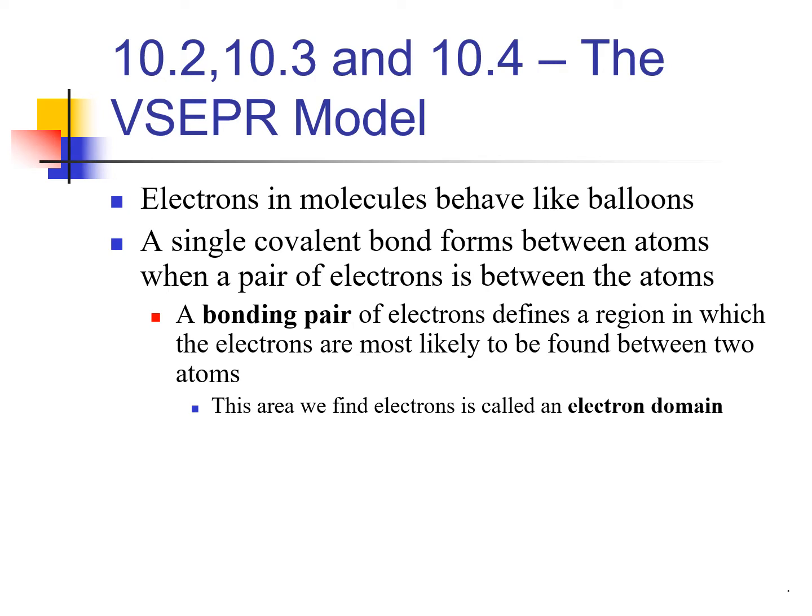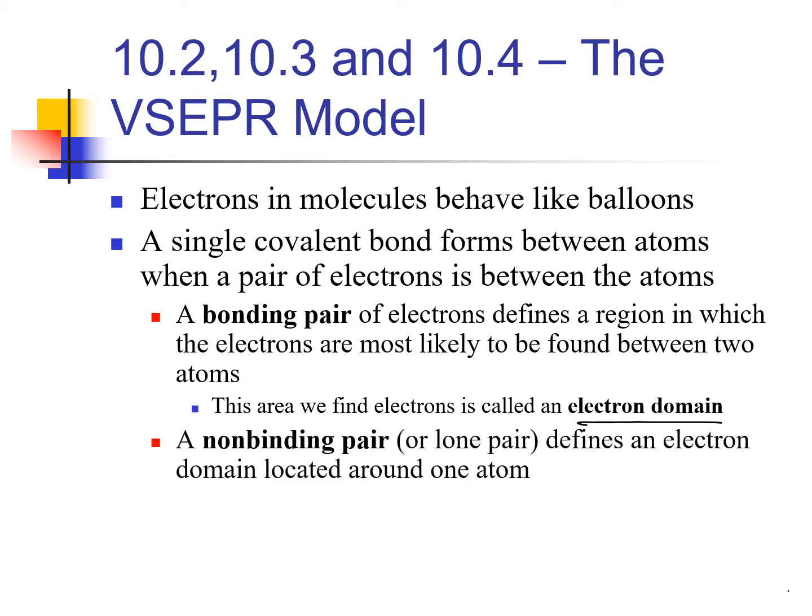Any area where we find electrons is called an electron domain. It doesn't matter if it's a lone pair of electrons or a pair of electrons in a bond. A non-bonding pair, or lone pair, is also an electron domain.